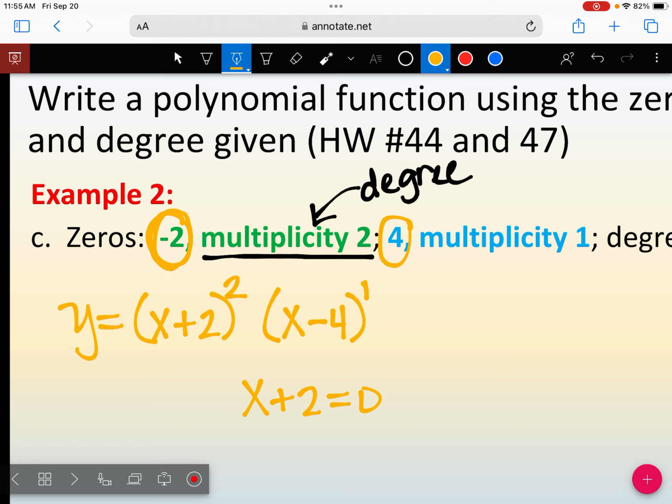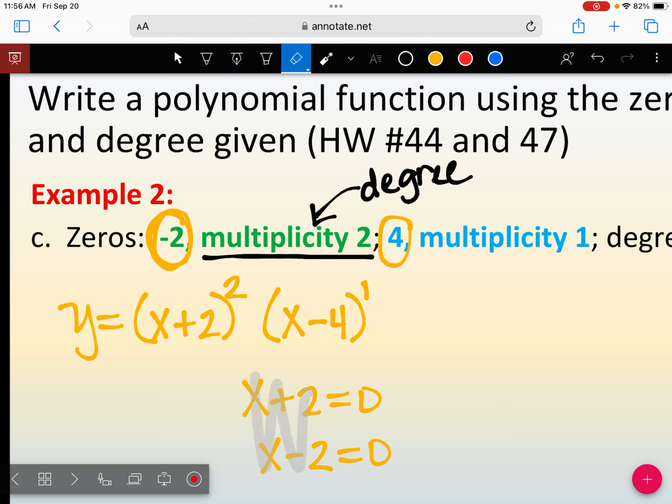Okay, so if I set this equal to 0, my factor, and I solve it, the only way, if I put an x minus 2 as my factor, when I solved it, would x be +2 or -2? So that's why you have to flip the sign when you're writing your factors. Because remember, that's what we get before we set it equal to 0, before we solve it.